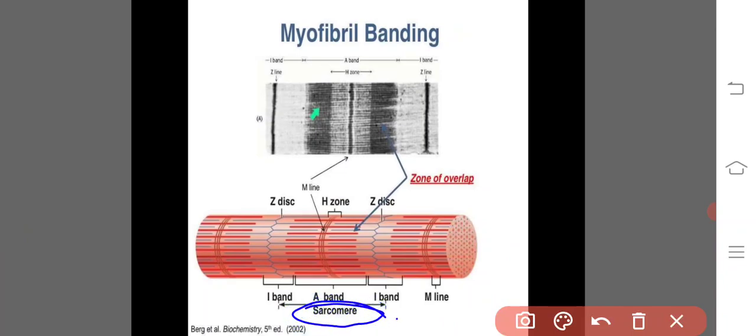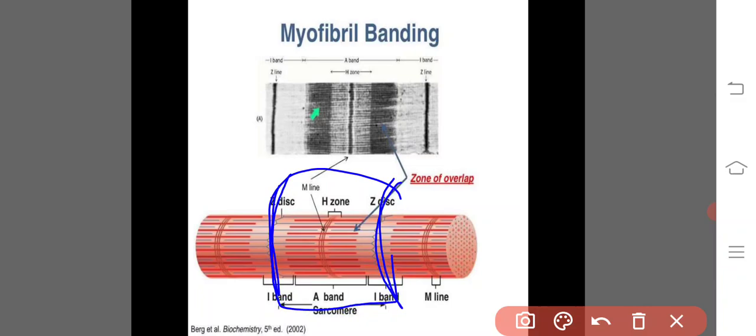The sarcomere is the structural and functional unit of the muscle, and is responsible for muscle contraction. If you see the arrangement of the sarcomere, the region between adjacent Z lines is a single sarcomere.